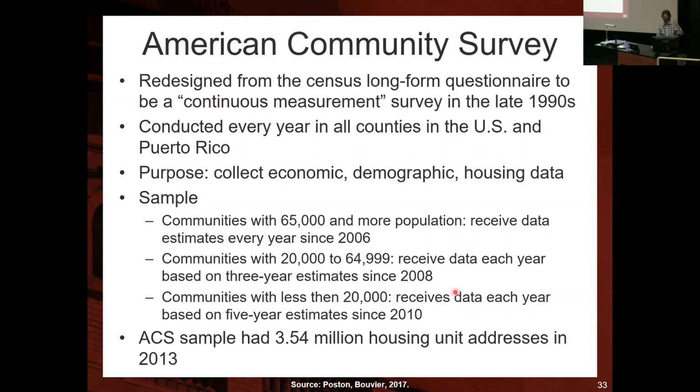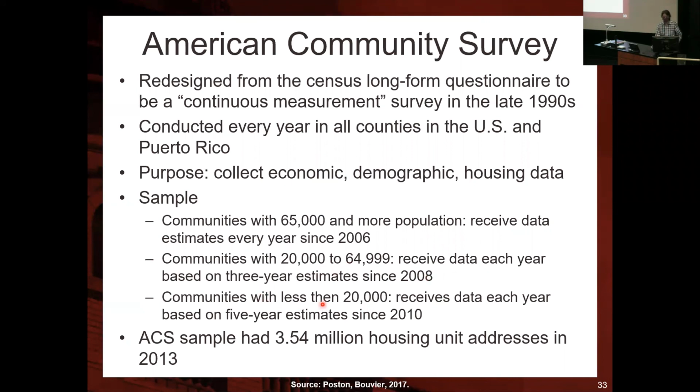So in this case, these communities got, in 2008, data about their population based on data from 2006, 7, and 8. And you get the average. The sample is bigger because these are such small communities that you have to have a bigger sample. And then in 2009, they received another estimate that was based on the average of 2007, 8, and 9. And now the last one was based on 2016, 17, and 18.